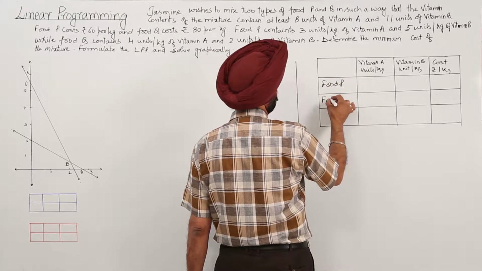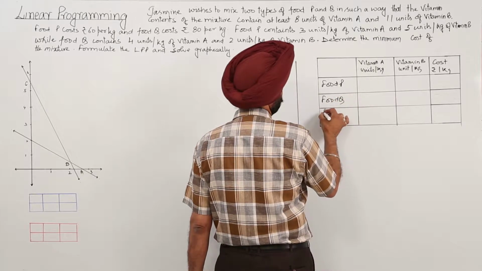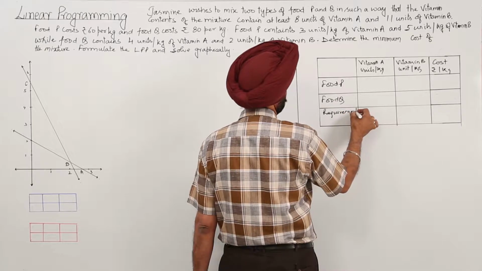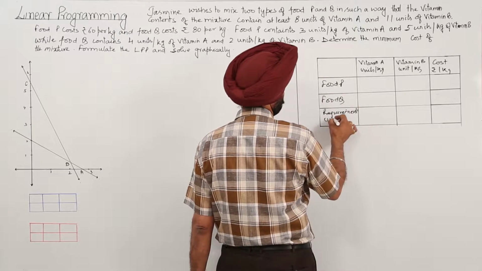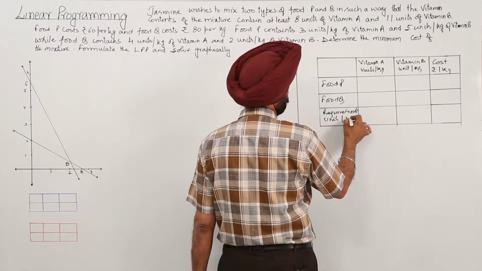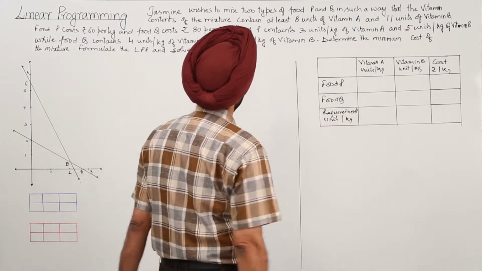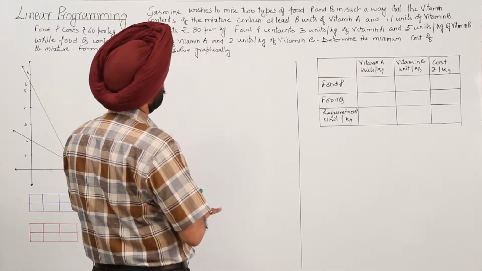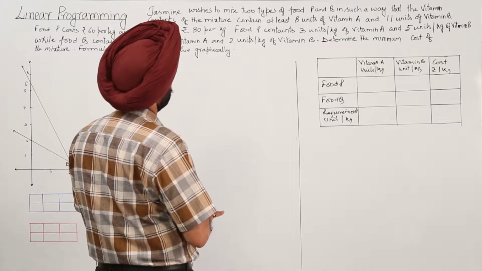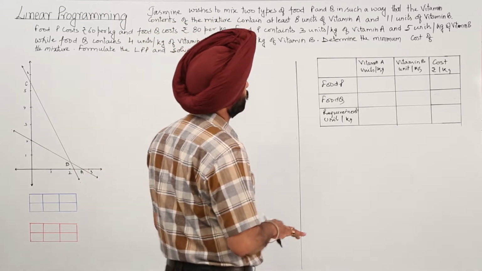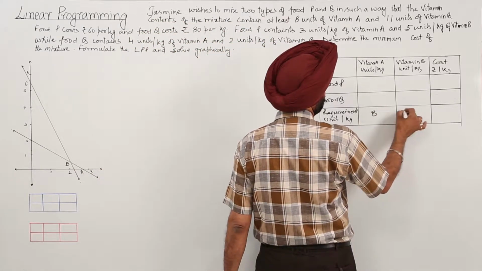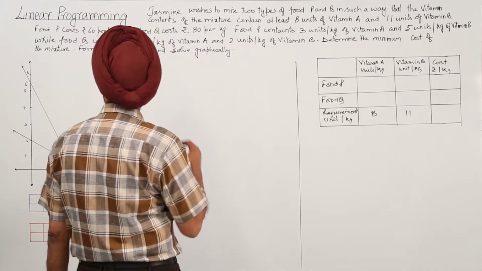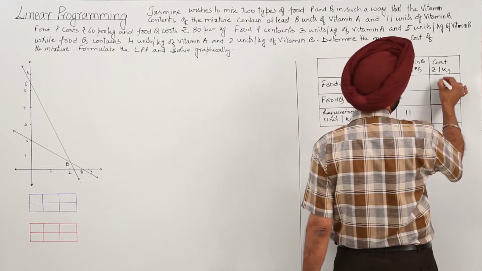Okay. Now, we have food P, food Q, and requirements, in units per kilogram. Now, what does the question say? The question says the content of the foods is at least 8 units of vitamin A and 11 units of vitamin B. 8 and 11 here, vitamin A and vitamin B. Cost is 60 and 80 rupees.